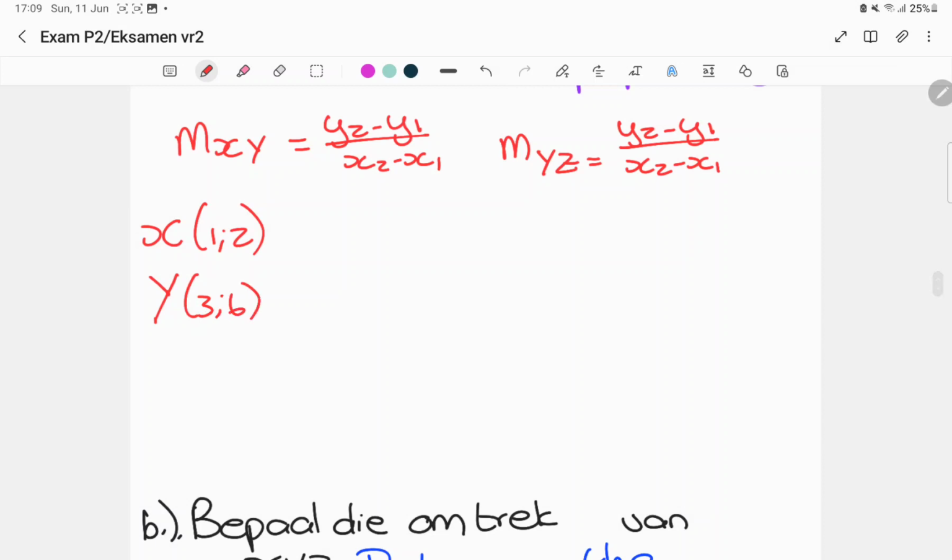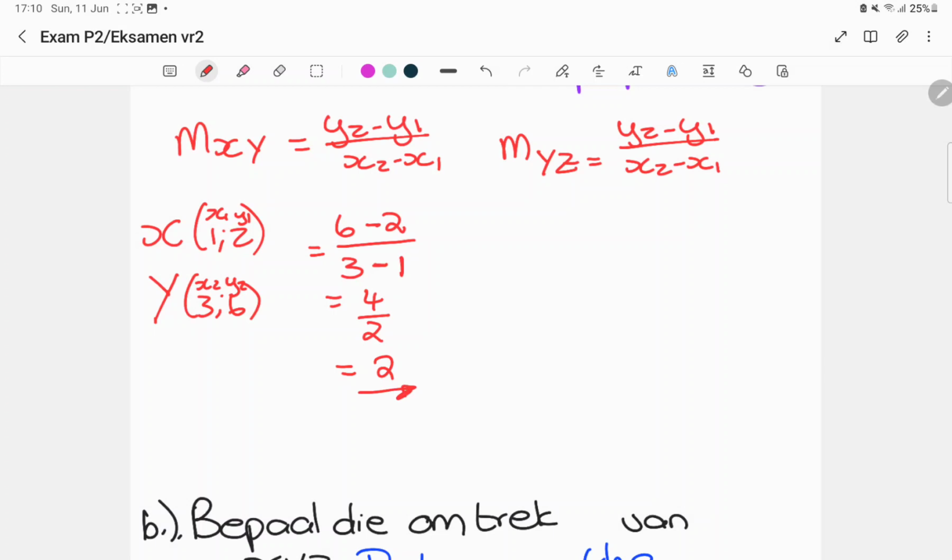Let's say that this is my X1, Y1, X2, Y2. If we substitute that in, I will have my Y2, which is 6, minus my Y1, which is 2, over my X2 value, which is 3, minus my X1 value, which is 1. So 6 minus 2 is 4, 3 minus 1 is 2, so the gradient of XY is 2.